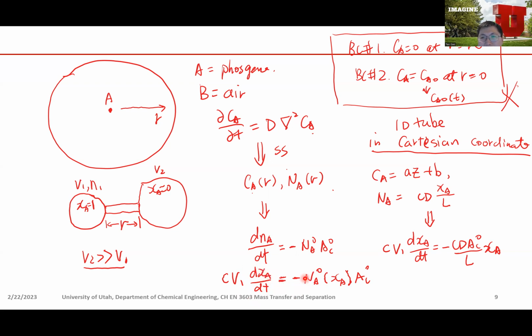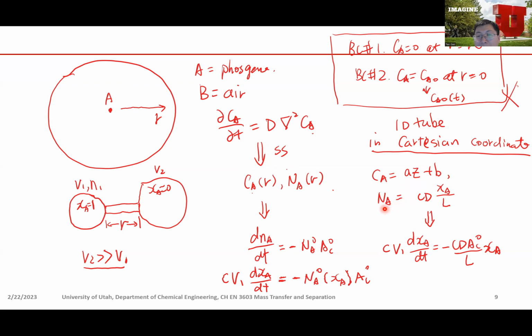We've solved a similar problem for a 1D tube in Cartesian coordinates. When we make the steady state assumption for the diffusion in the channel, the concentration of A in the channel is independent of time, but dependent on the coordinate in space, and it's a linear function of the location.